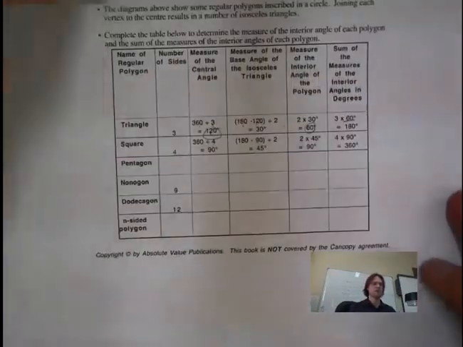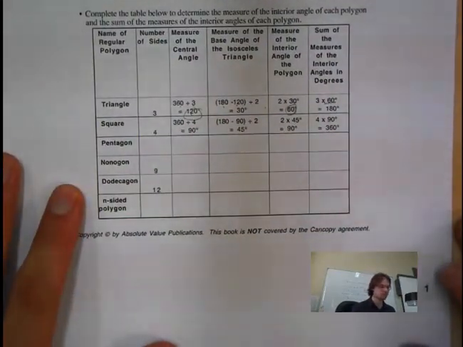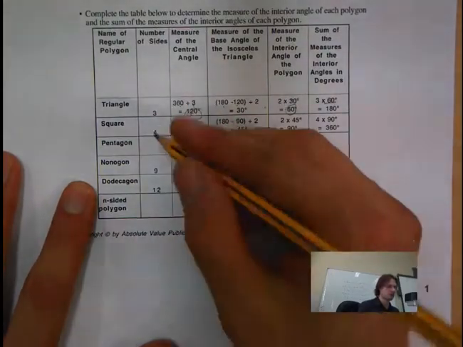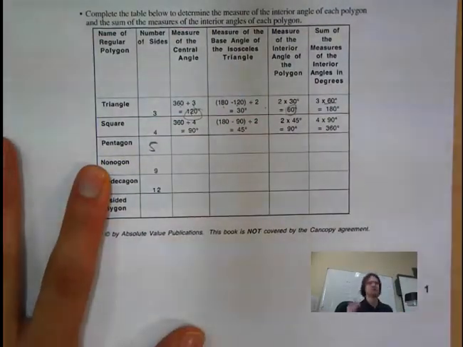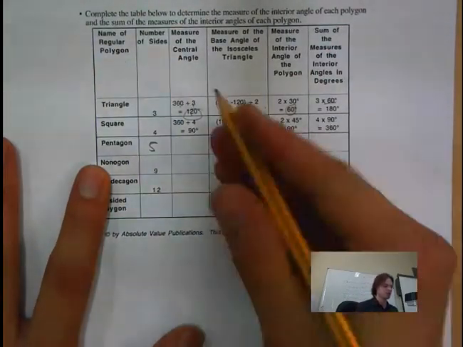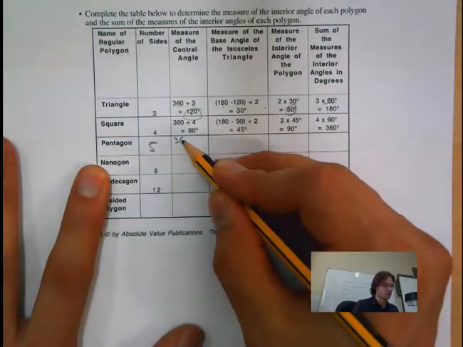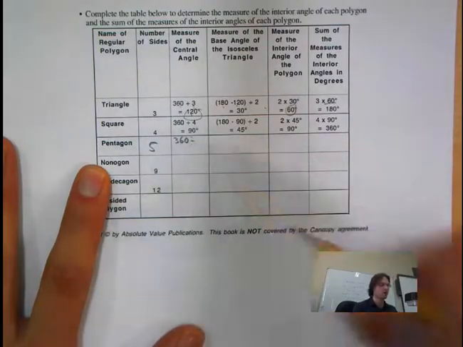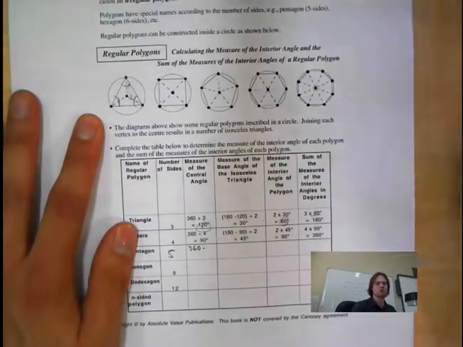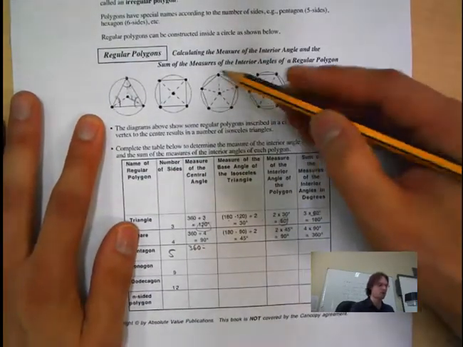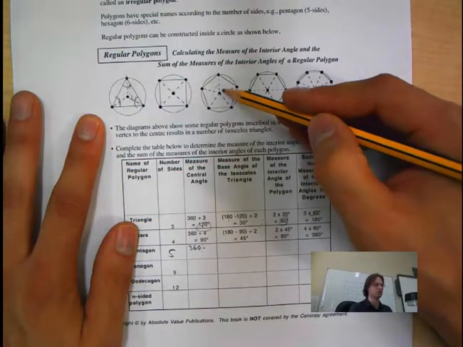So now let's try this next one here, which is a pentagon. Okay? So a pentagon has 5 sides. I'm going to first start this off. Zoom out a bit so I don't have to shift back and forth. My pentagon's up here, and the full circle in the center is 360.